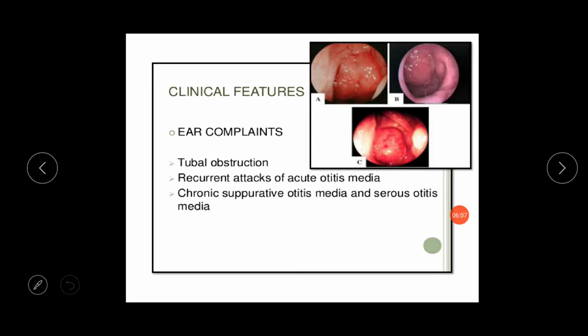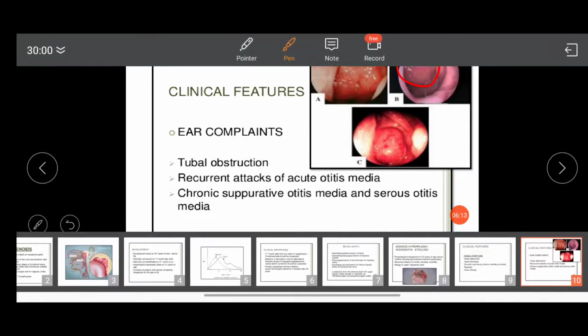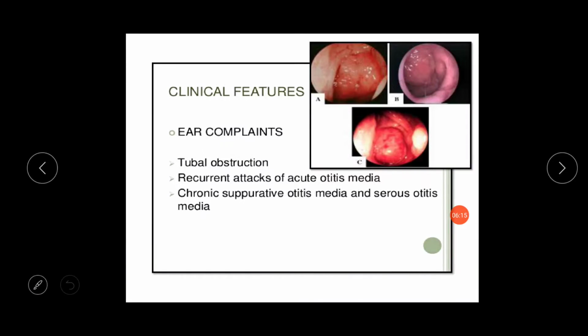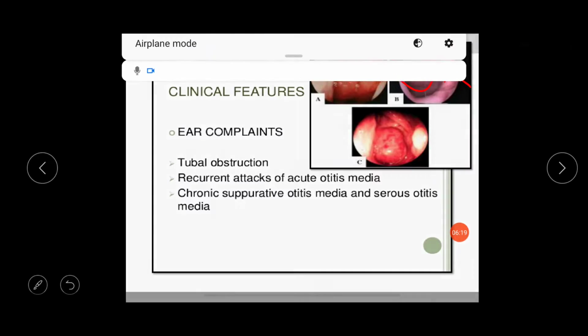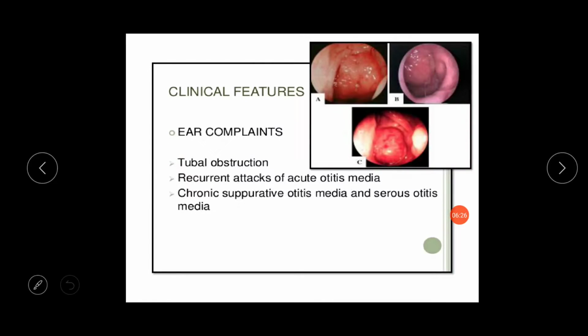Ear complaints. These adenoids are situated in the nasopharynx in close relation with the eustachian tube opening. Here is the eustachian tube opening and these are the adenoids. So adenoid enlargement can cause eustachian tube obstruction, and the patient can develop recurrent attacks of serous otitis media or acute otitis media.